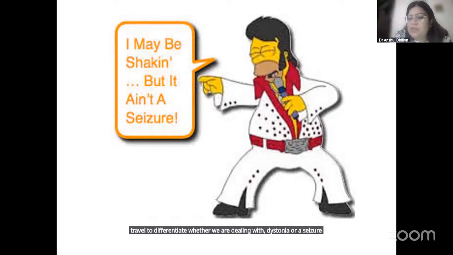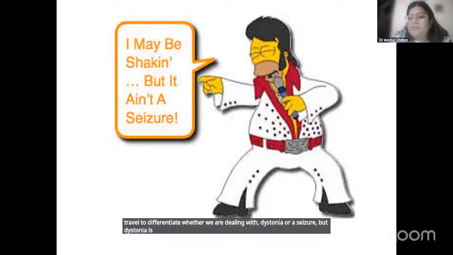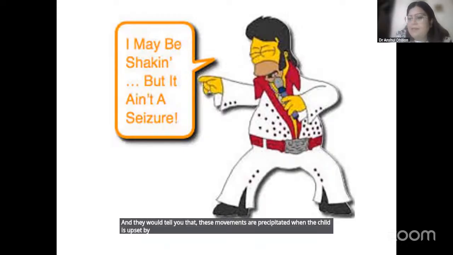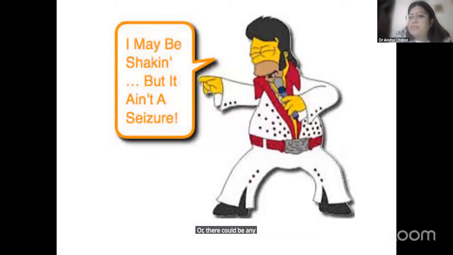But dystonia, again, I would like to reemphasize, your history is important here. The parents will tell you that these movements are precipitated when the child is upset by external factors, could be fever, if he is unwell, constipated, or the child was very hungry, or any such precipitating factor.